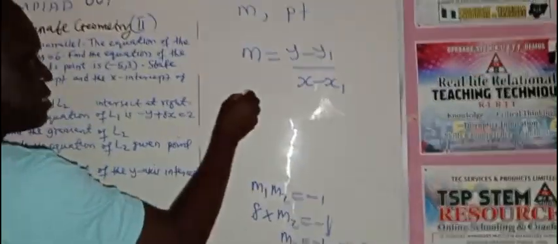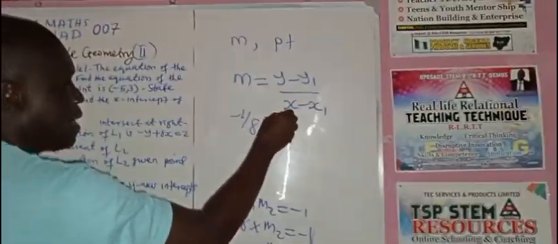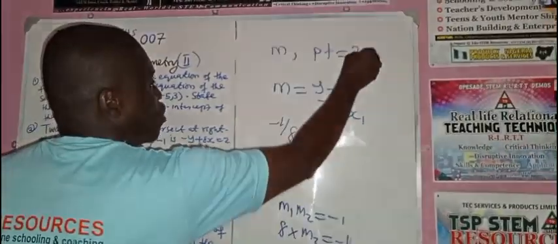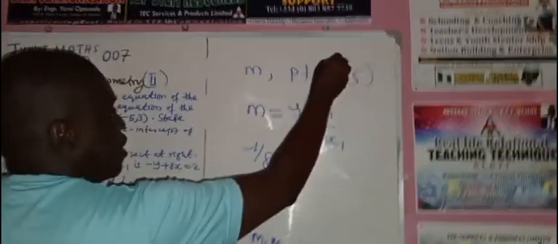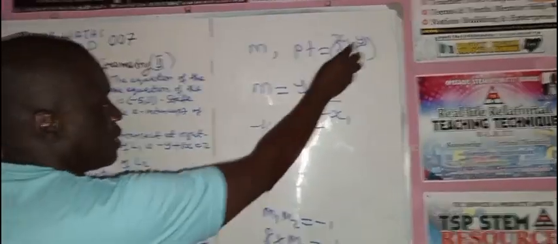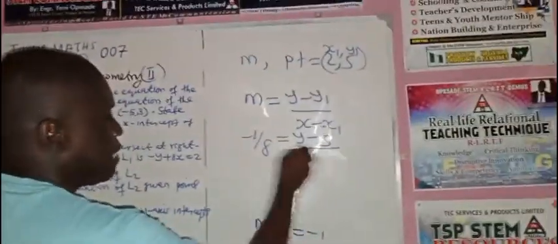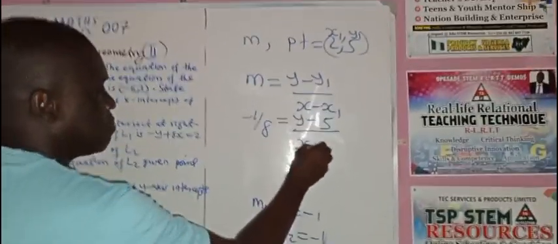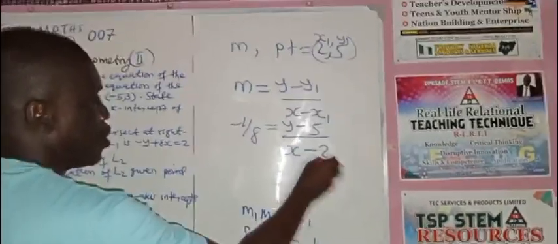The gradient is minus 1 over 8 equals y minus y1 over x minus x1. Looking at the point you are given, 2, 5, this is your x1, this is your y1. So y1 is 5, divided by x minus x1, which is 2. So you have this, you cross multiply, then you get the equation out.